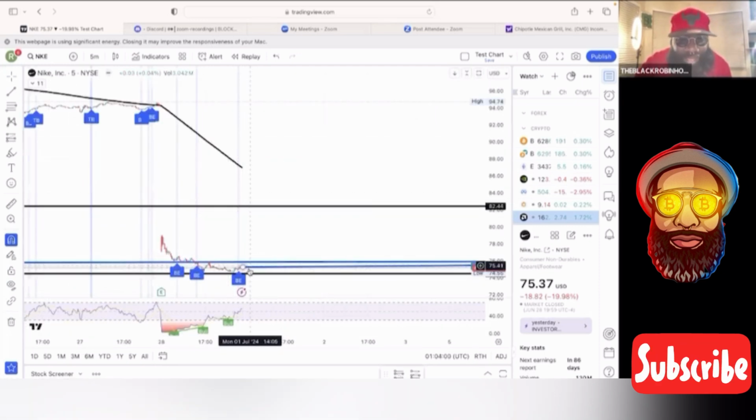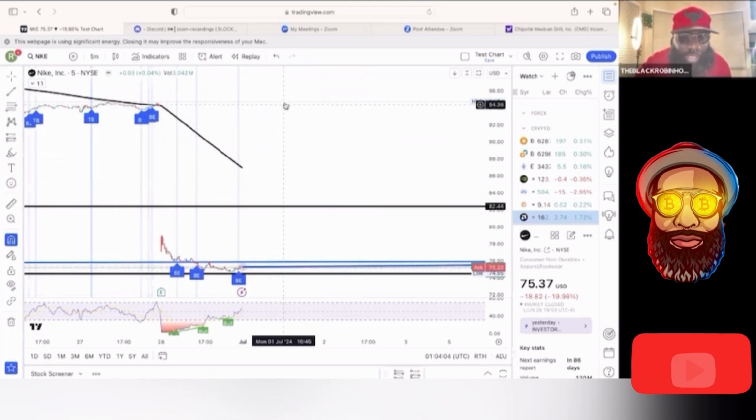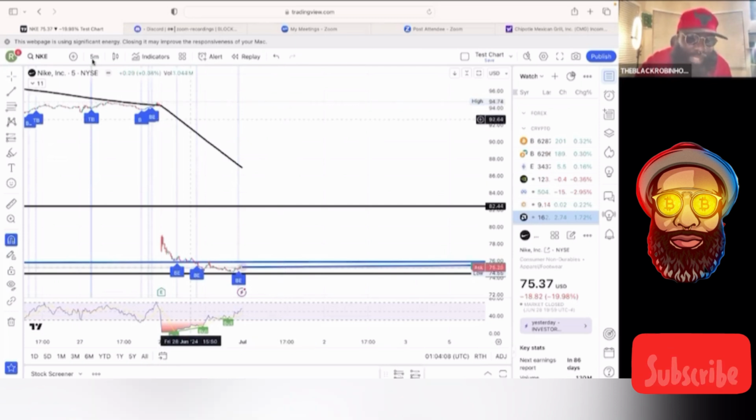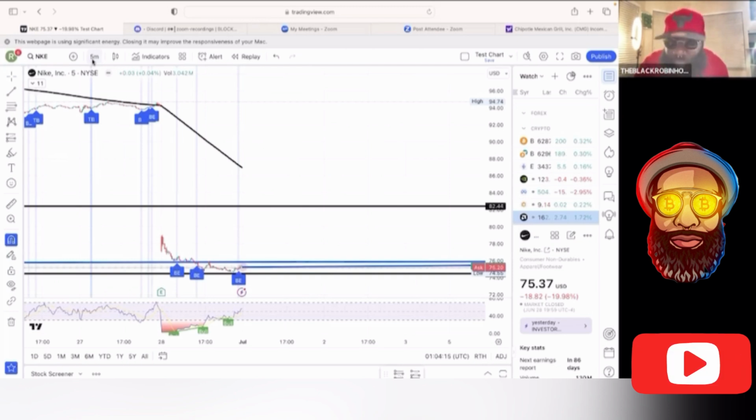I'm trying to buy, give it time to come all the way up here or fill the gap all the way at 94. And that is going to take time. That is not going to happen within a day or two or a week or 2 weeks. That is why you give yourself enough time for that to happen, and that's where the expiration comes in.